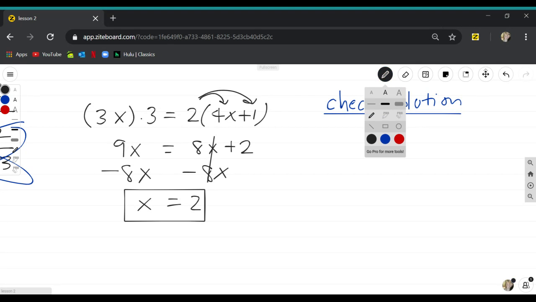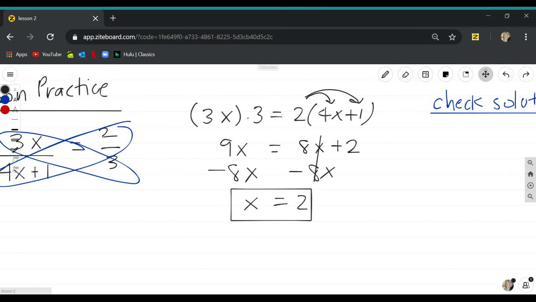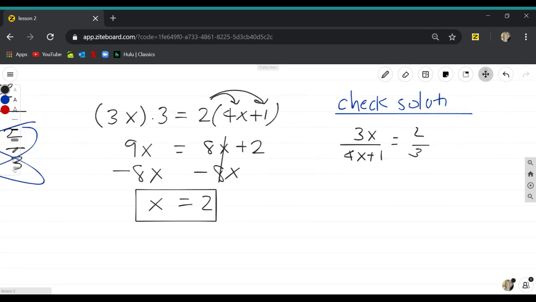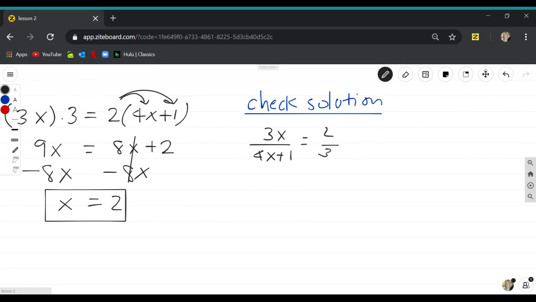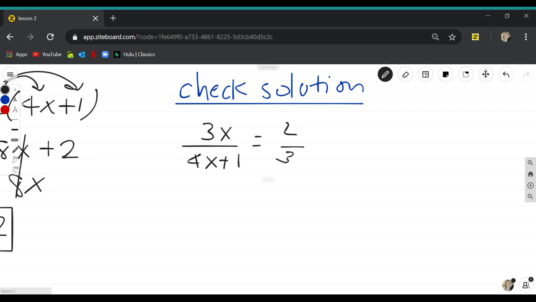Okay, so our solution, when it was 3x over 4x plus 1 equal to 2 over 3, when x is equal to 2.